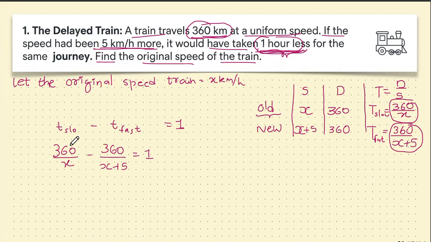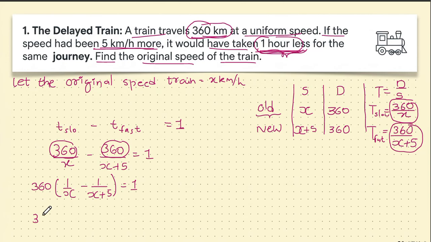Now we can see that in the numerator 360 is common here as well as here. So if we take 360 common outside, what will remain inside the bracket? 1 upon x in the first term minus, in the second term, 1 upon x plus 5, is equal to 1. Do the cross multiplication.